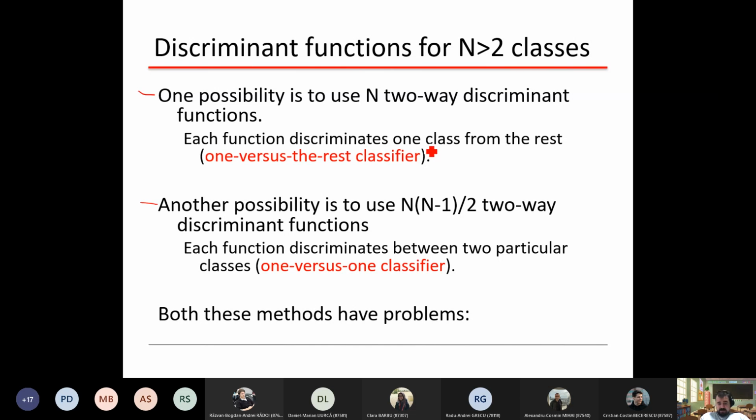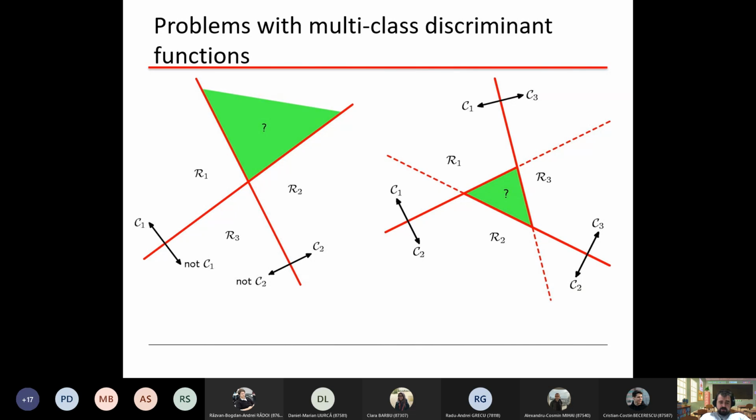And because we have to compute all the pairs of classes, we will have n multiplied by n minus 1 over 2 two-way discriminant functions. So each function discriminates between two particular classes, and this is why the classifier is called one versus one classifier. However, neither of these two options is optimal, because both of them have issues. And here we show the issues. In the left figure, we have the issue when we have one versus the rest.